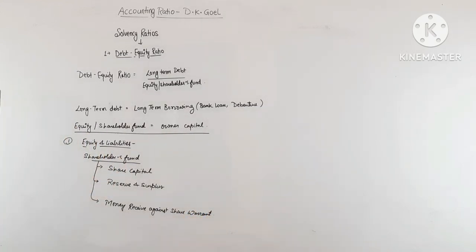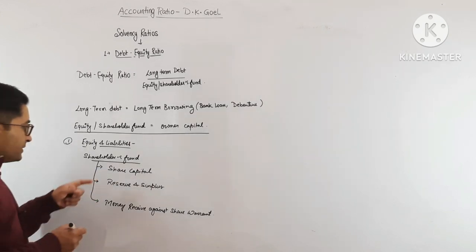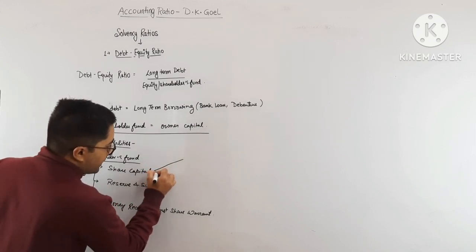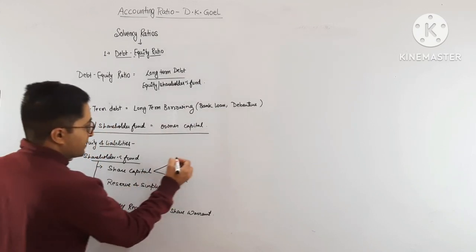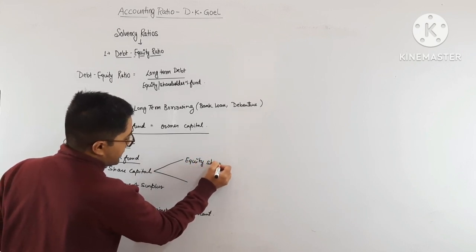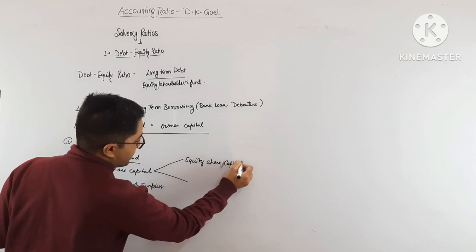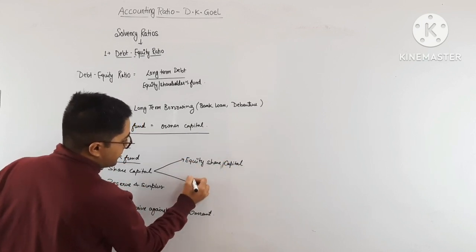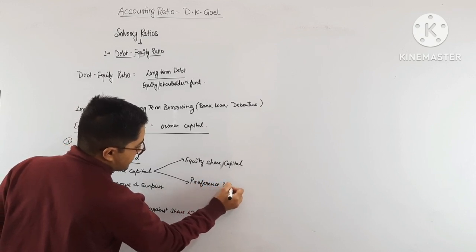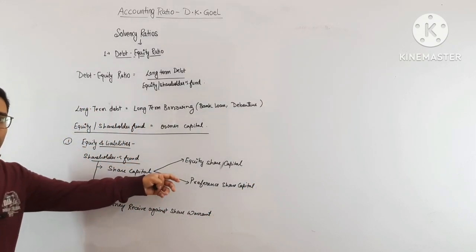So basically, shareholders fund, these 3 points will be covered. So basically, share capital. अब share capital is further bifurcated into two types. First is equity share capital, and the second one is preference share capital. Okay, this will come in the question.